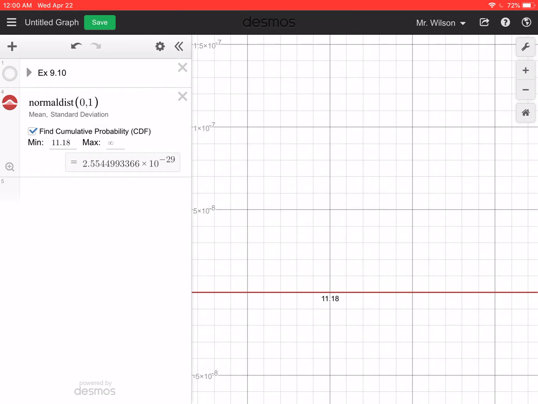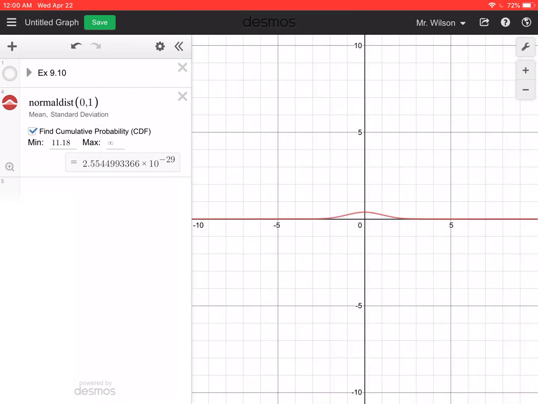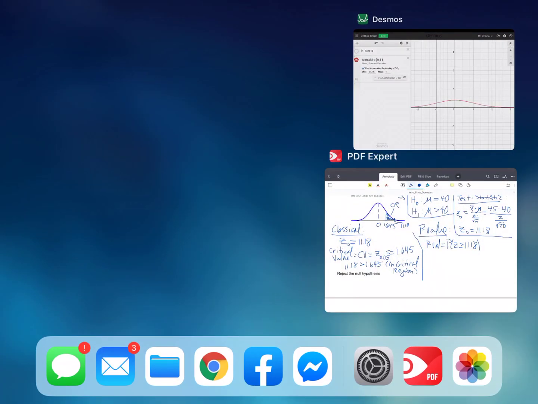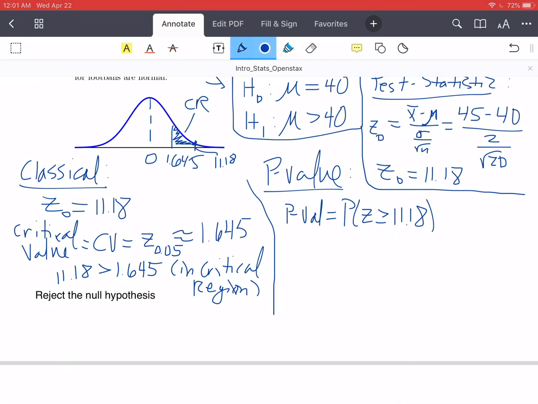And Desmos won't even go that far anymore. That's how incredibly small this area is. So back here, plugging that in, that's approximately 2.55 times 10 to the negative 29th.